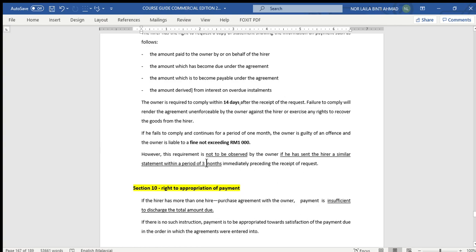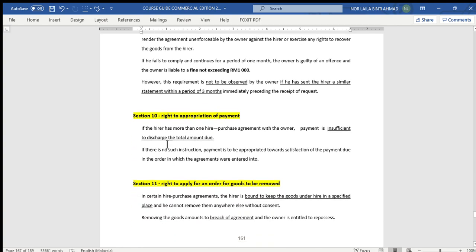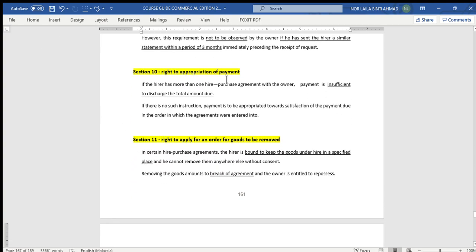So it will be okay if you want to request a copy of your financial statement, let's say, once a year, sekali setahun pun boleh, ataupun 2 tahun sekali. Janganlah setiap 3 bulan you request.